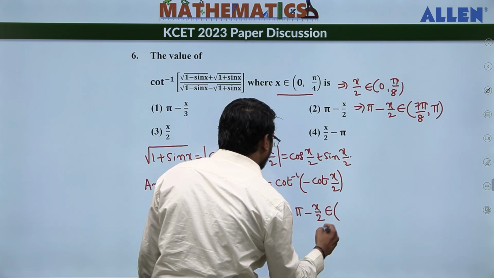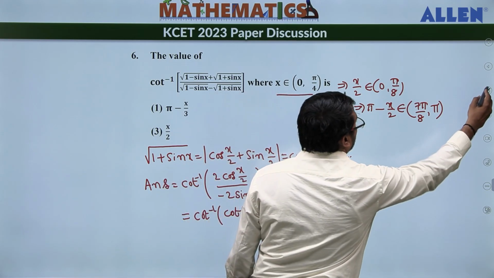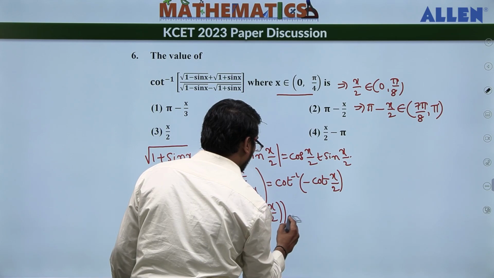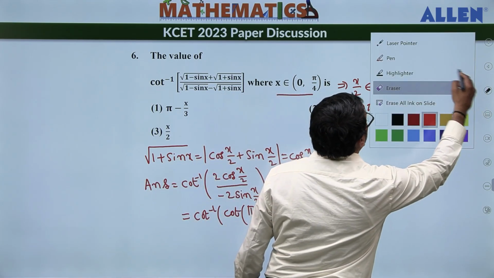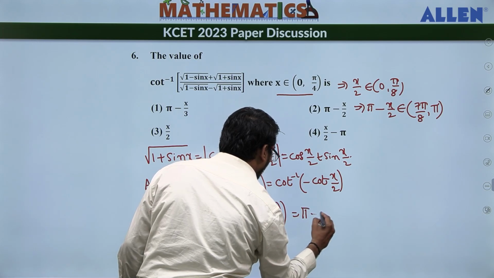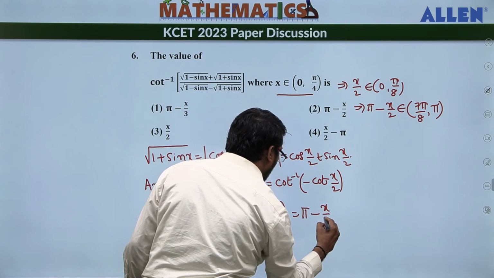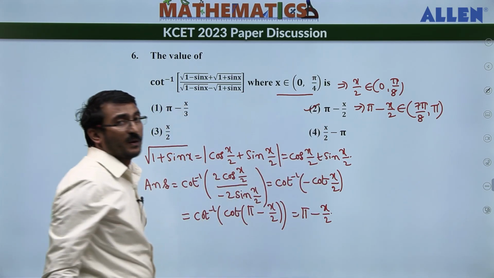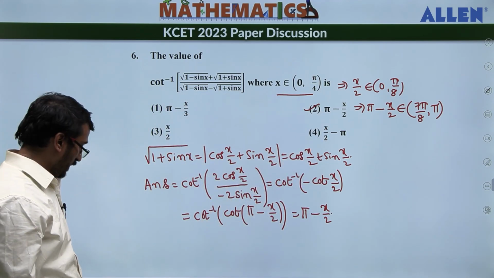So we can release it as it is. Pi minus x by 2 is the correct answer. Now we will move on to question number 7.